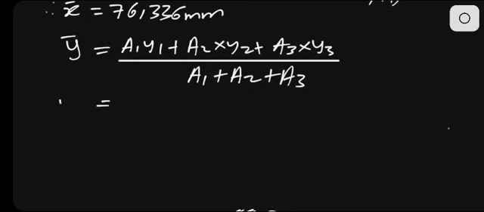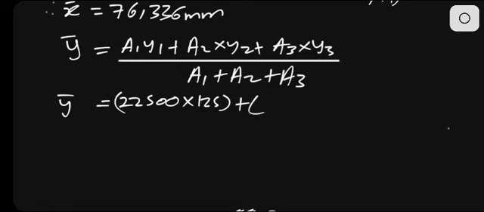So for y bar, area 1 we know does not change. We still have 22500 multiplied by y bar 1, which was 125, plus area 2. We did this one, guys, still the repetition, multiplied by 210.